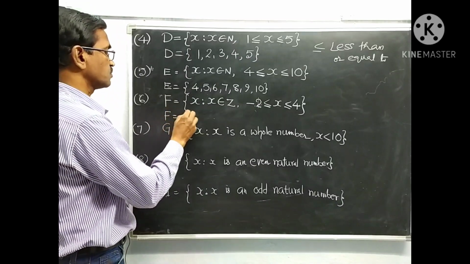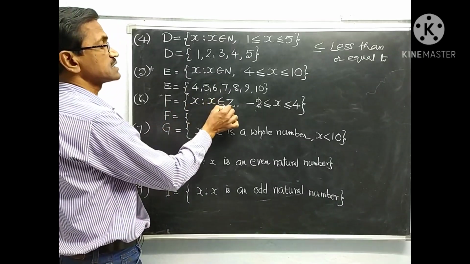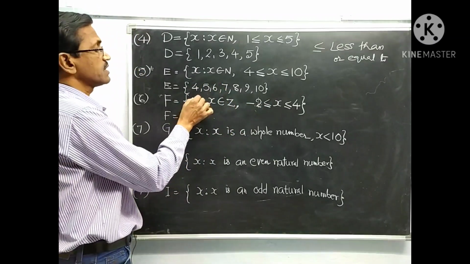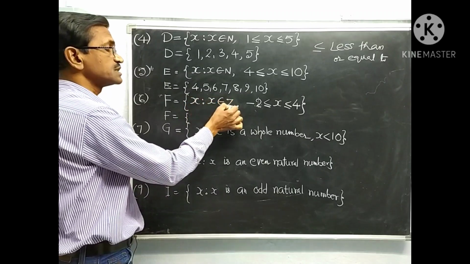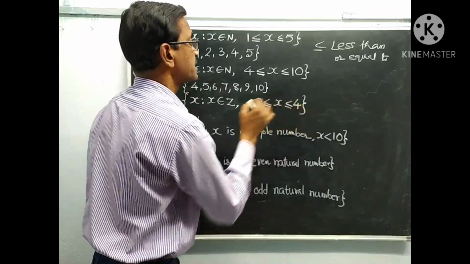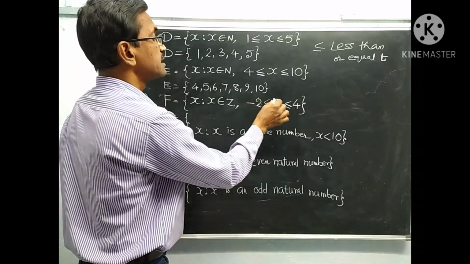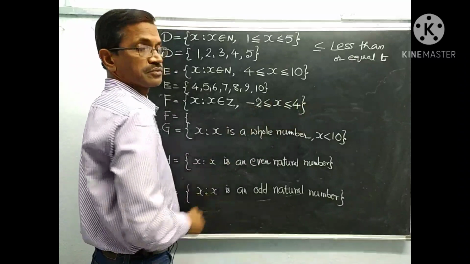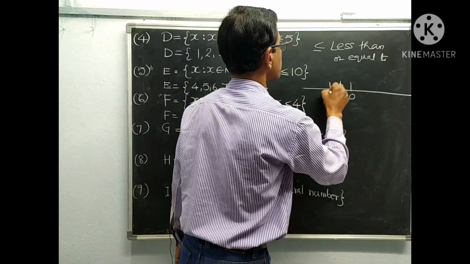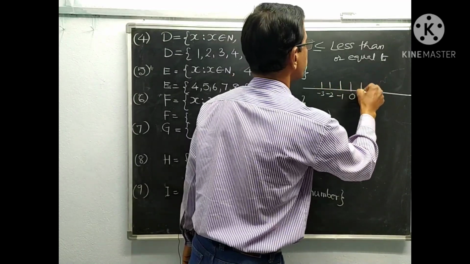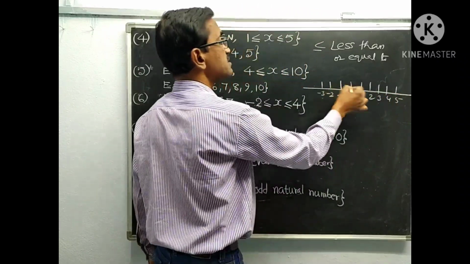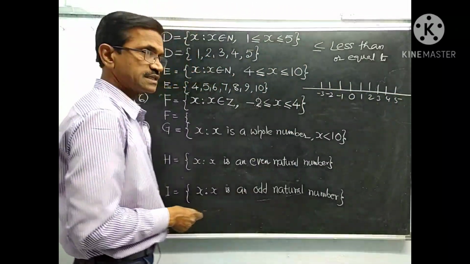Next, F is equal to x such that x belongs to Z. Z means integers here. We have to collect the elements from set Z, but not all elements. You have to take these elements only. What are they? x lies between -2 and 4. You know the number line: negative numbers and here positive numbers. A set of positive numbers, negative numbers and 0 together are known as integers.